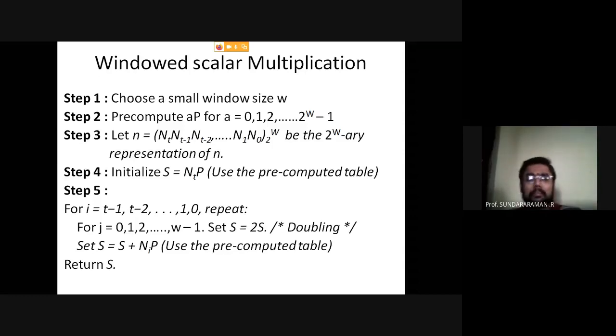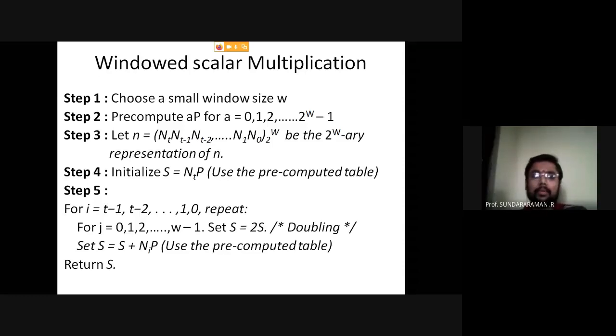So the algorithm starts with the first step of choosing the window size W. Window size is a numerical value, an integer. Window size decides the number of bits to be chosen from the given scalar value.